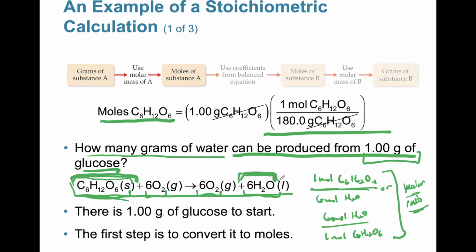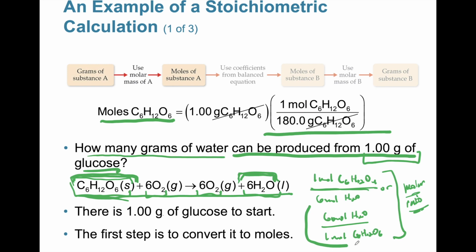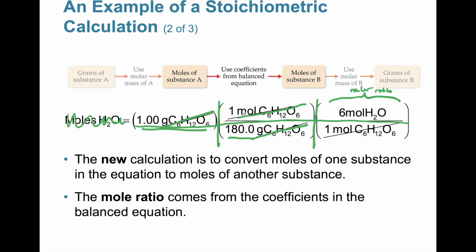And so the one we used to do this one is the one with 6 moles of water over 1 mole of glucose that we got from the balanced chemical equation, because moles of glucose was at the top. So, no, I didn't mean to cross out the one. The one should stay there.